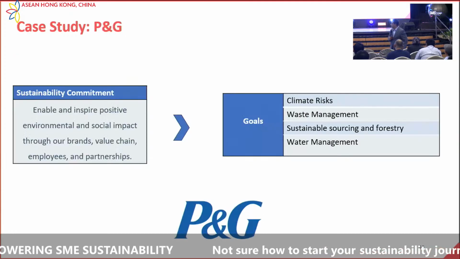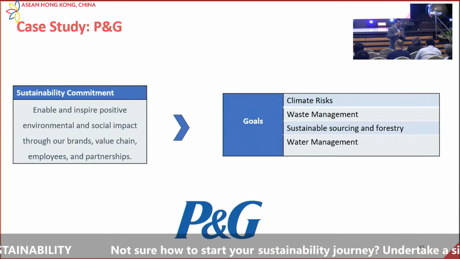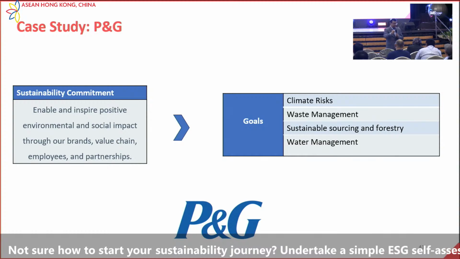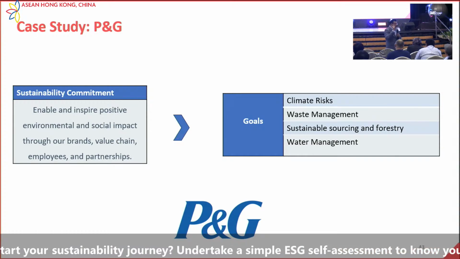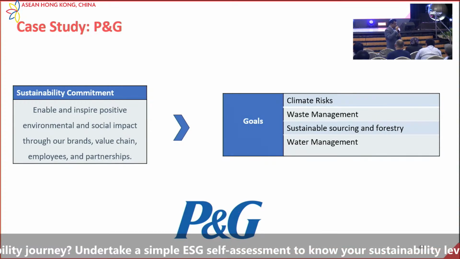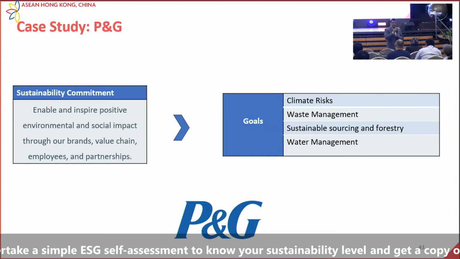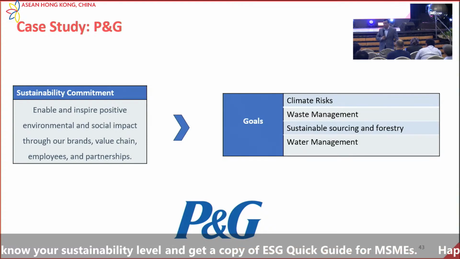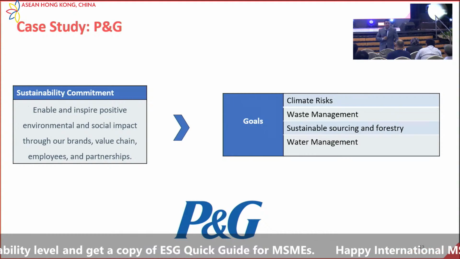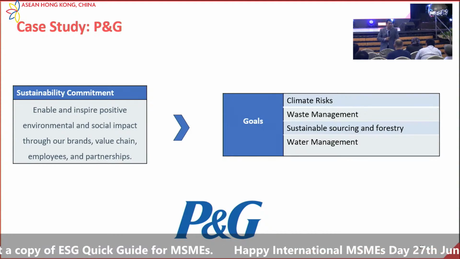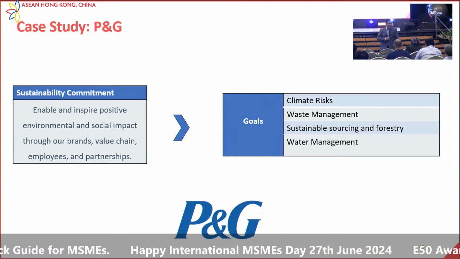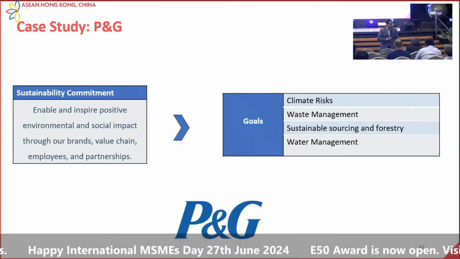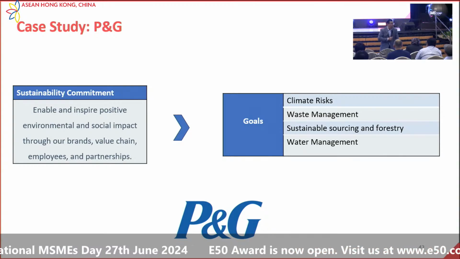Okay, next. So this is what I was talking about. Look at how simple yet impactful it is for a company as large as P&G, the world's largest FMCG group. Look at their sustainability commitment. Simple one. You don't have to give me one A4 page of commitment. Nobody's going to be impressed.